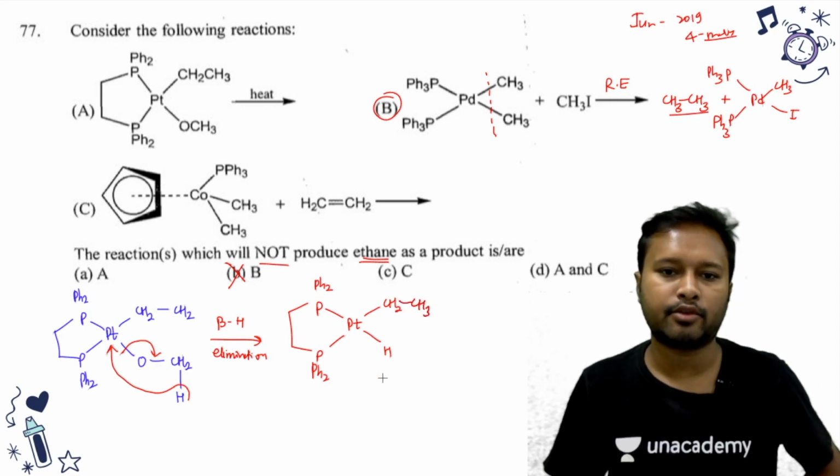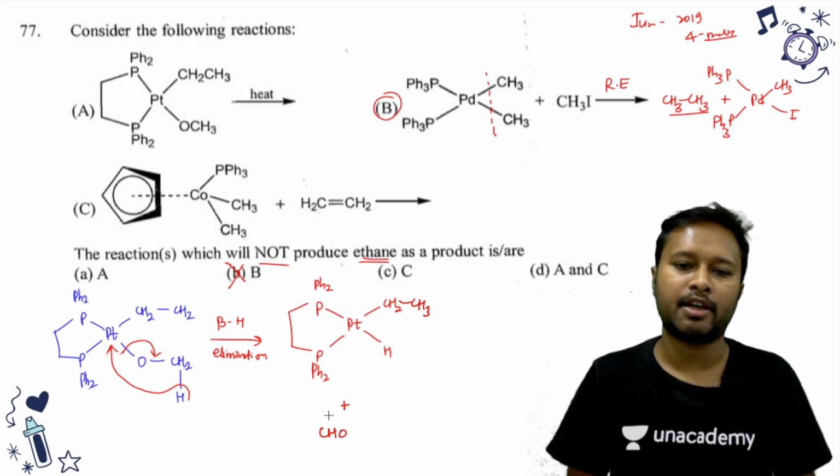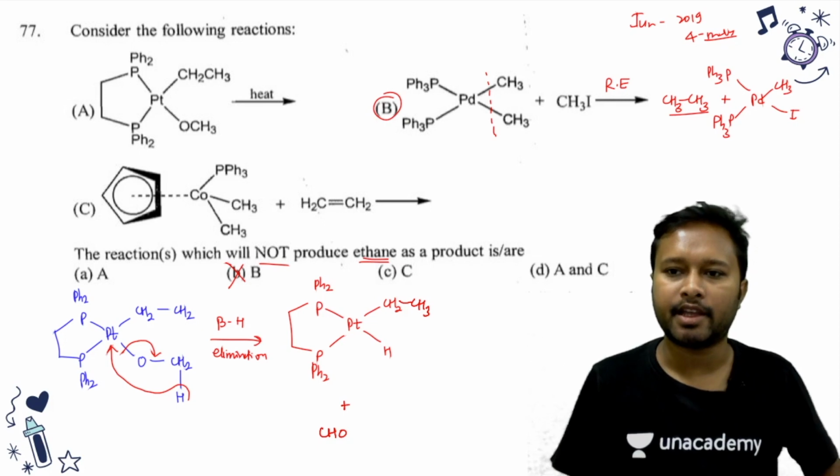Okay, so that's what you have. Along with that, what you are getting in this step is a removal of CH2O, the formaldehyde group is going to leave the reaction.